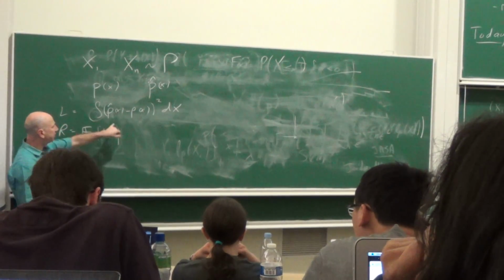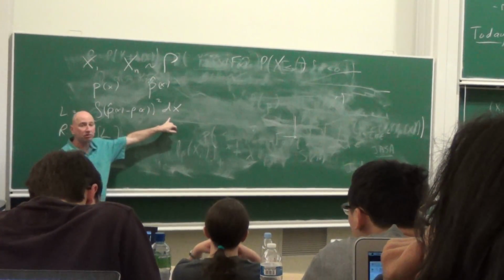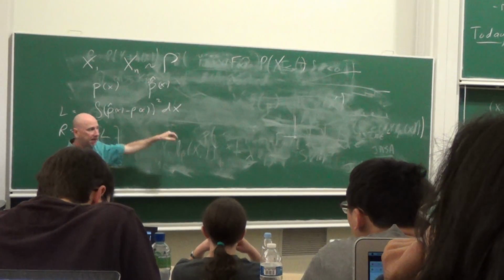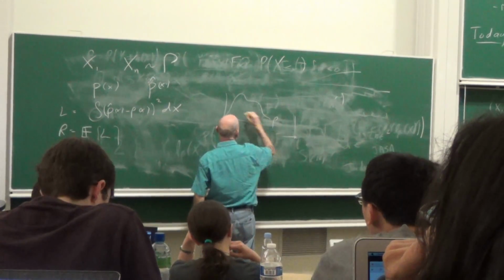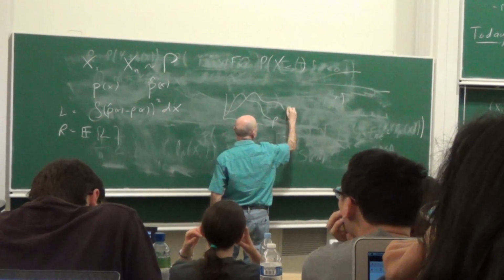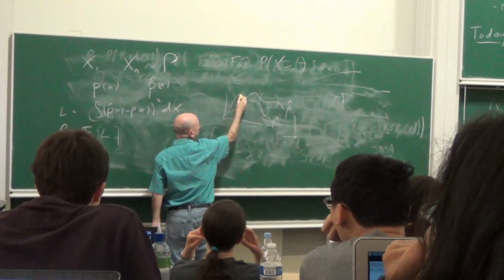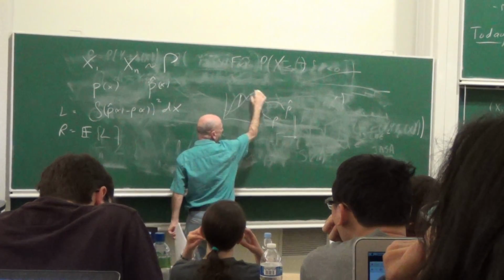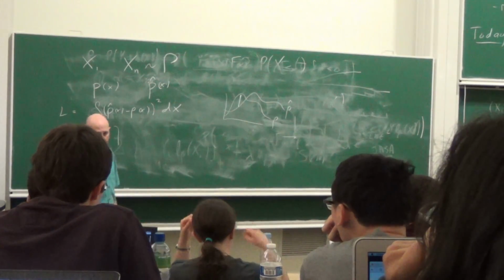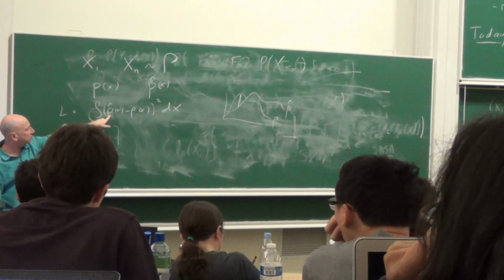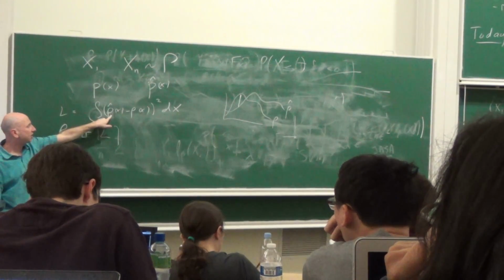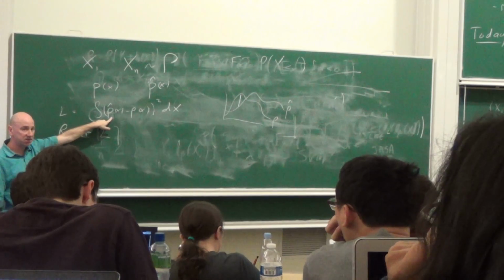Let's be careful about something. Now, where is the randomness here? It's not in the integral over x. That's just measuring: here's the true density, here's an estimator, at each x we're measuring the distance, and then we're adding that up. That's why we're integrating. The randomness is in the fact that p hat has been constructed from the training data, so the X1 to Xn are kind of hidden in here, but that's where the randomness is.